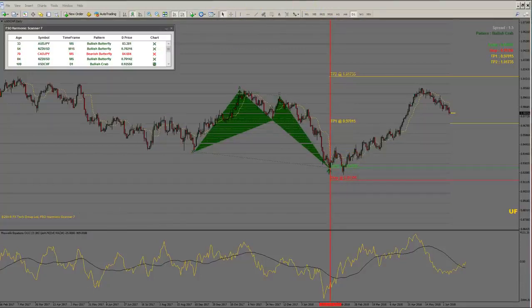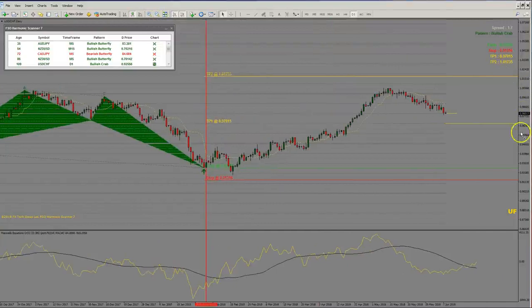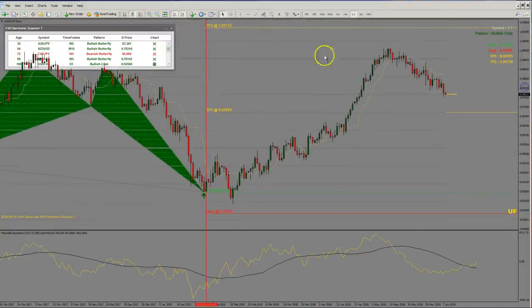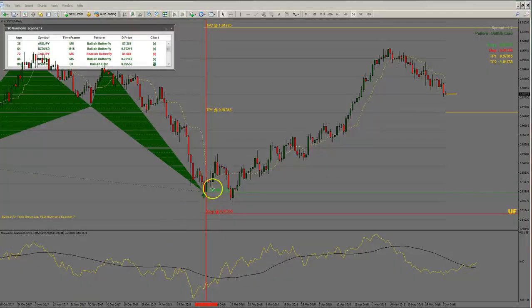Let me make it a bit bigger. Let me zoom it in. Like this. Perfect. In this case, angular momentum indicator. You execute your trade with this candle, with the first candle open above the angular momentum indicator.